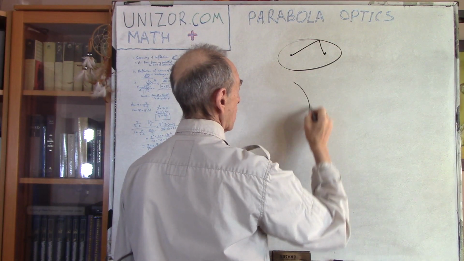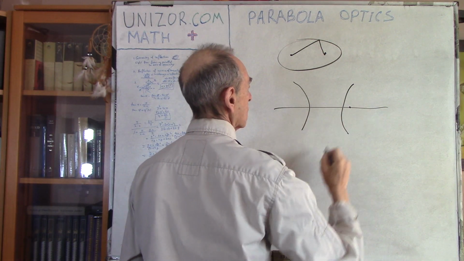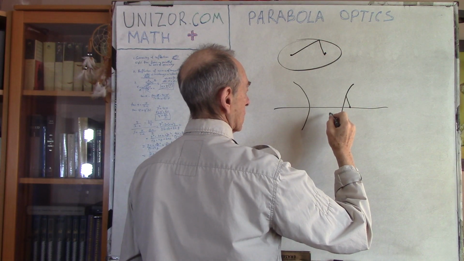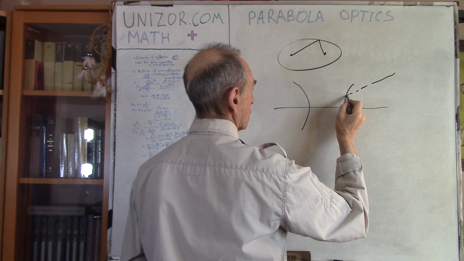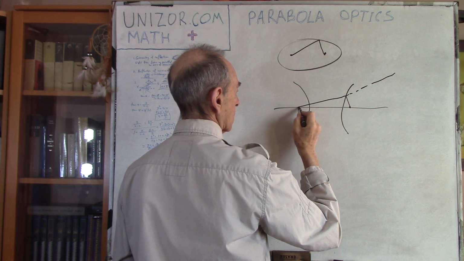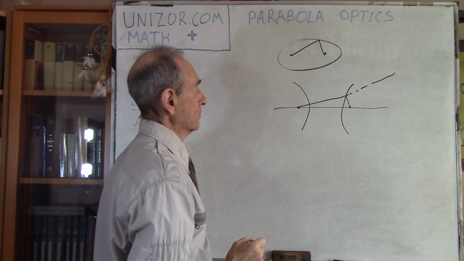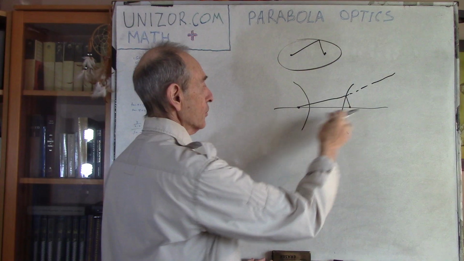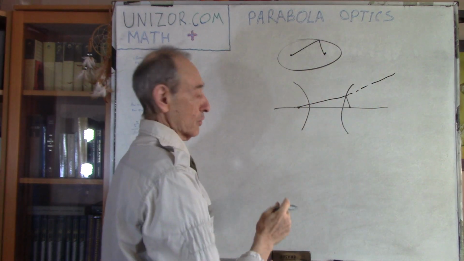In the case of hyperbola, if you go from one focus with a ray of light, it will be reflected this way, but if you continue the line, it will cross the other focus. So in both cases, the line of reflection goes through the other focus.